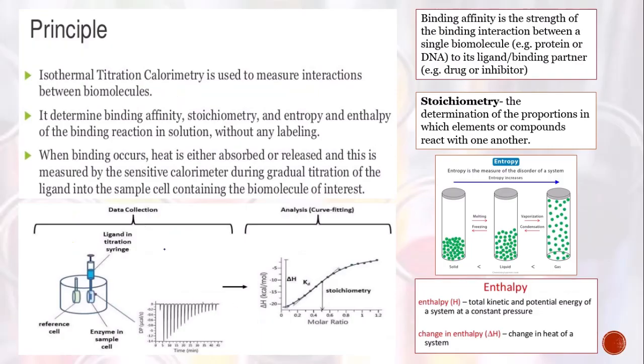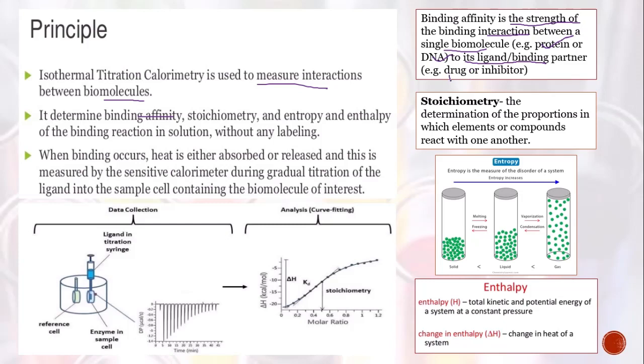So the principle of ITC, we have already said it is used to measure the interactions between biomolecules. So it can help us determine the binding affinity, which we normally say is the strength of binding interaction between a single biomolecule such as a protein or DNA, and its ligand or binding partner.